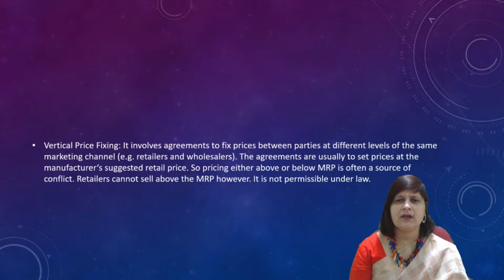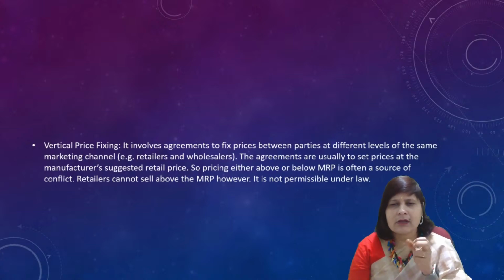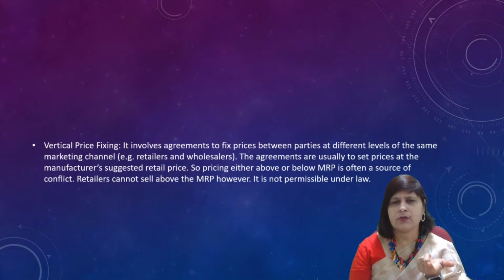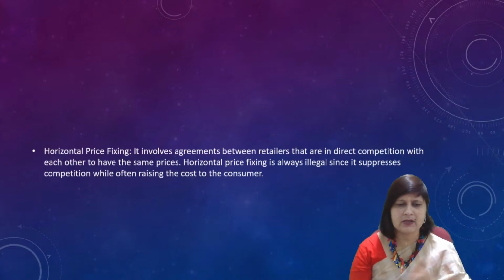A retailer cannot sell above MRP; it is not permissible under law. So in vertical price fixing, there is an agreement between the different levels of the marketing channel on what price that product can be sold at. So this is vertical price fixing.